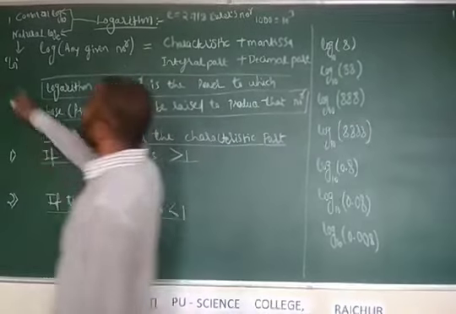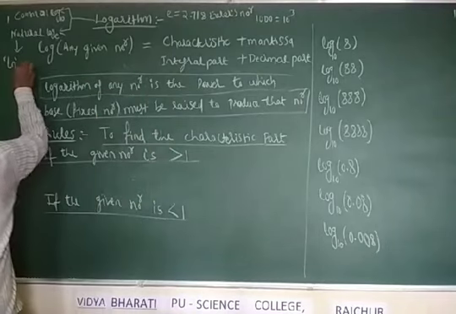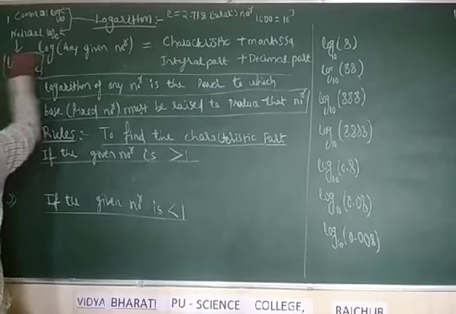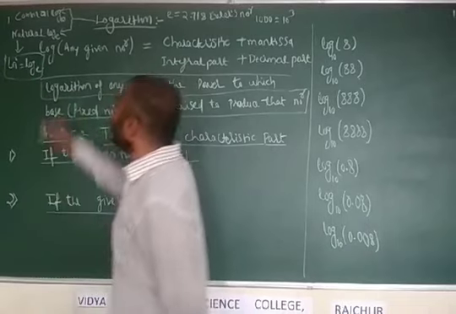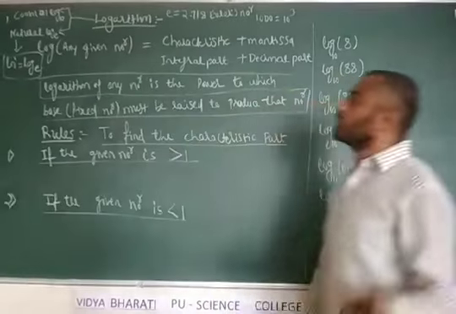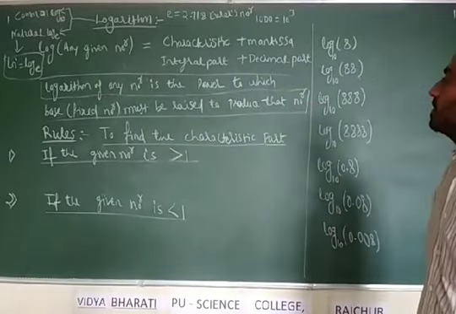You might have seen this. Ln is equal to log to the base e. Ln means log to the base e. There are two types of logarithms.